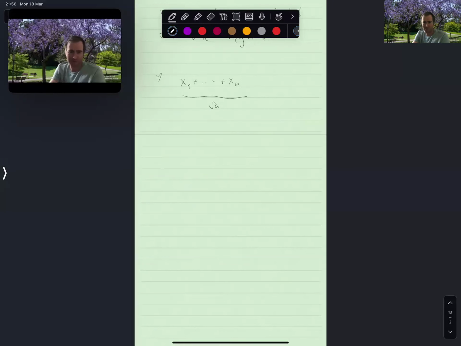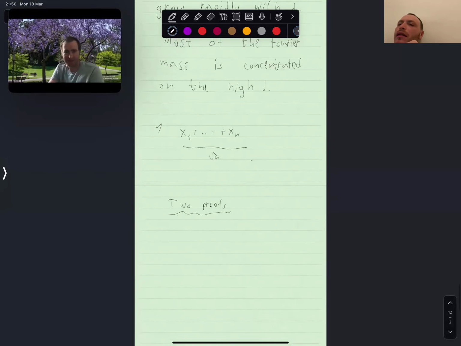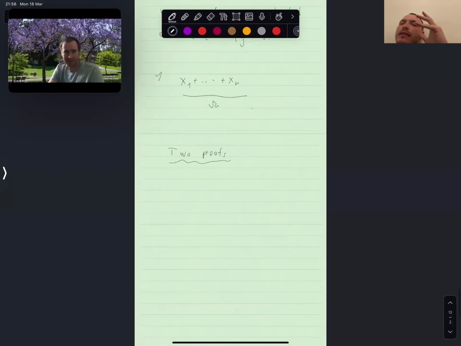We have two proofs in the paper. One of them is sharper, and the other proof gives you something slightly weaker, but it also works when D is larger than root n.